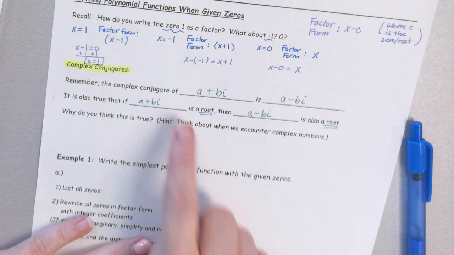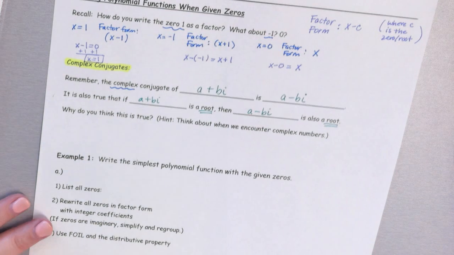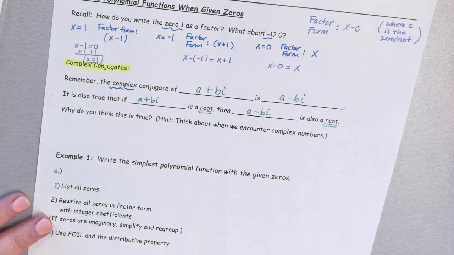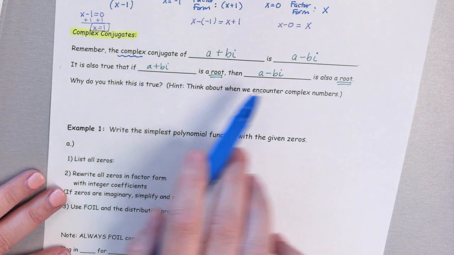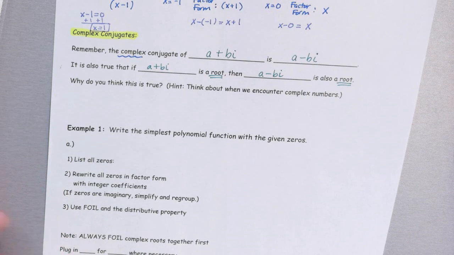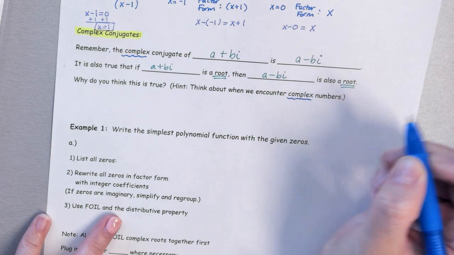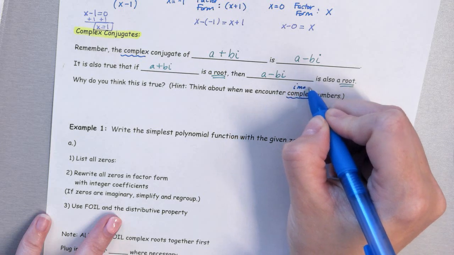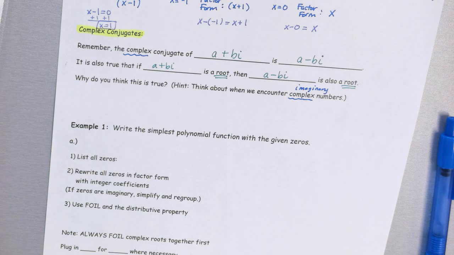That means if you have a complex value, the complex value and its conjugate both have to be zeros. And then it says, why do you think this is true? I told you to think about when you encounter complex numbers, which is just another way to say imaginary. Imaginary and complex are the same.